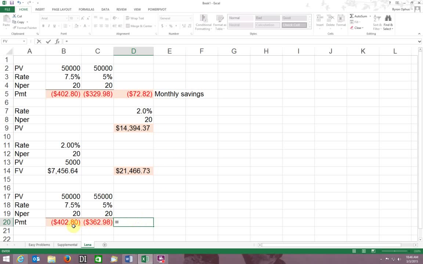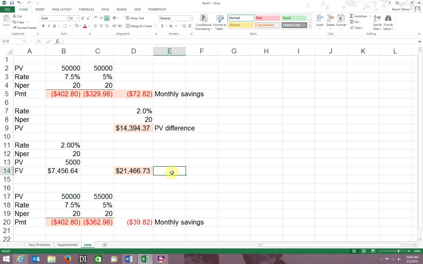This is equal to this minus this one, so that's a monthly savings, and this is present value difference or something like that. And this is future value difference. All of them in my case confirm that it would make a lot of sense to refinance.